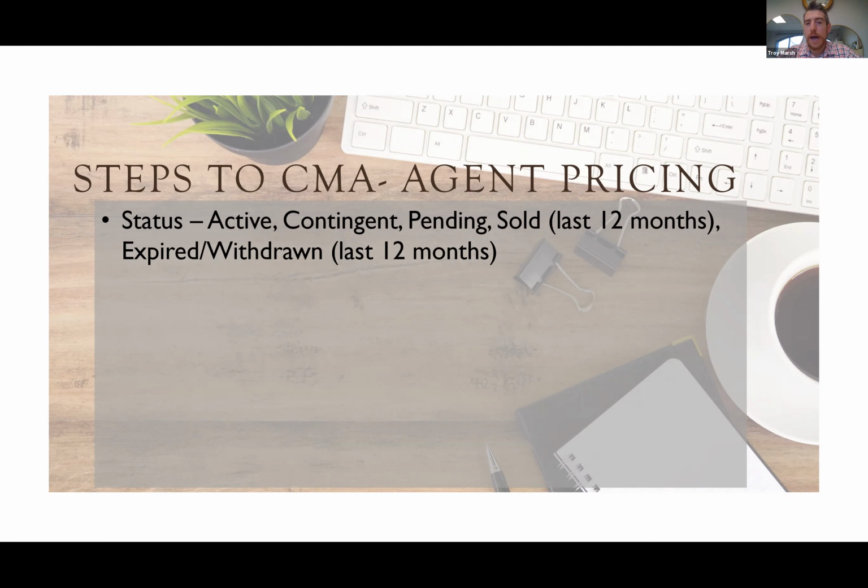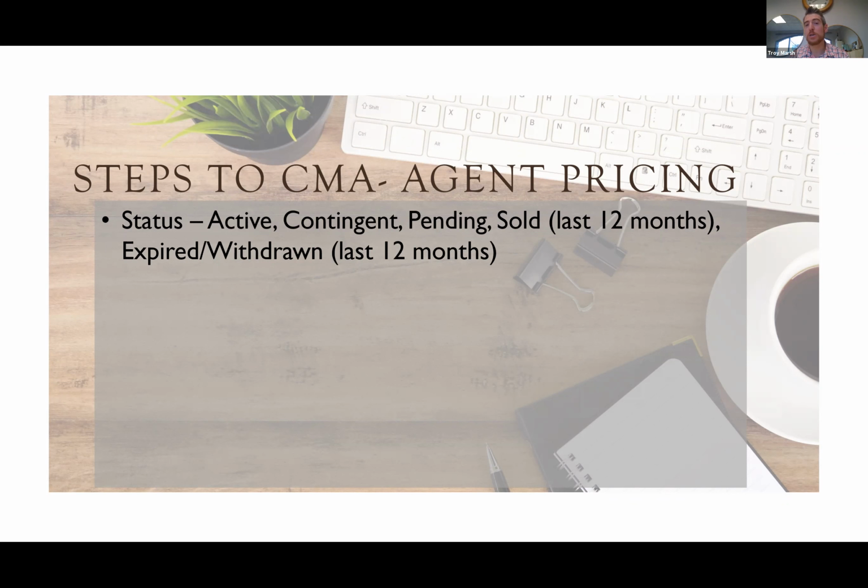So you want to look back at the last 12 months in most cases. Now, I will say in this particular time, I think there's pre-COVID pricing and post-COVID pricing. Definitely, we saw an enormous jump in prices starting in May of last year.